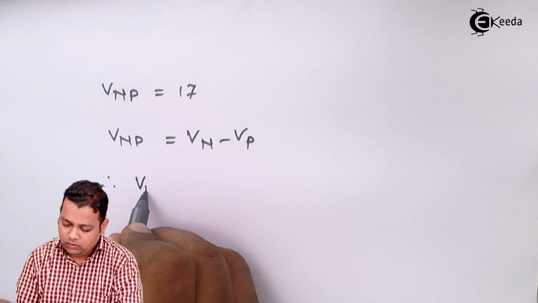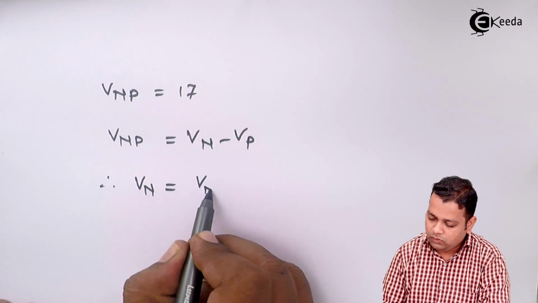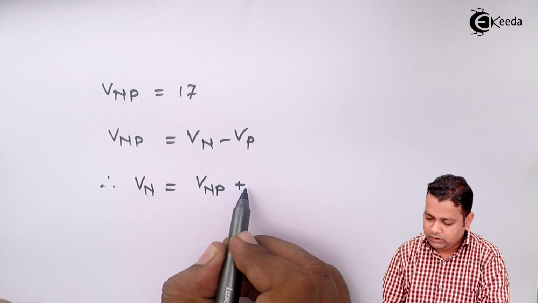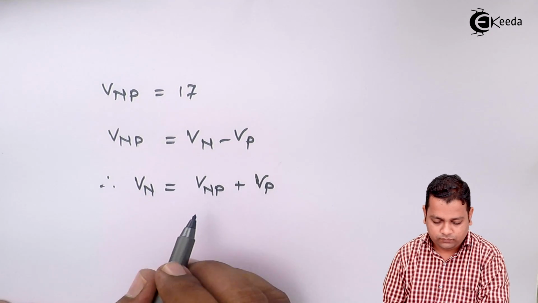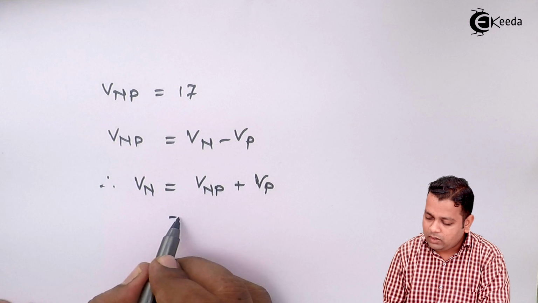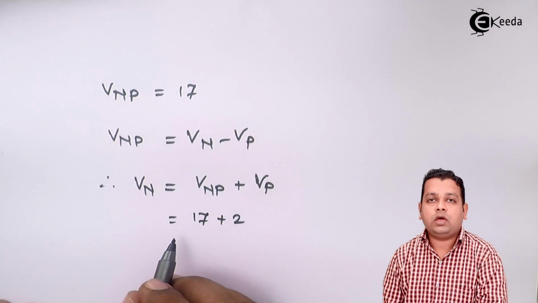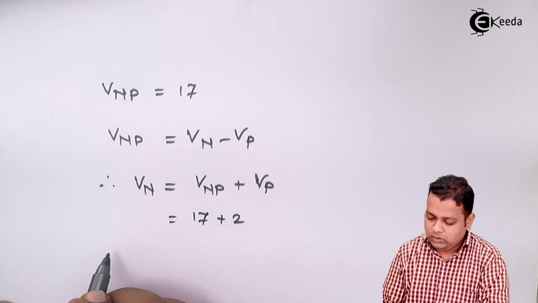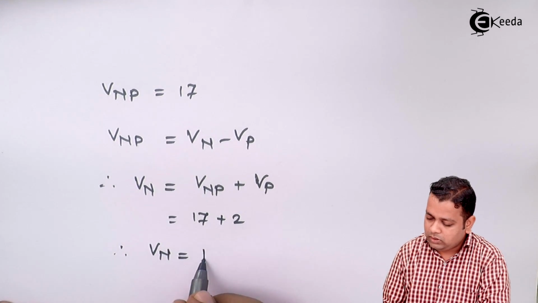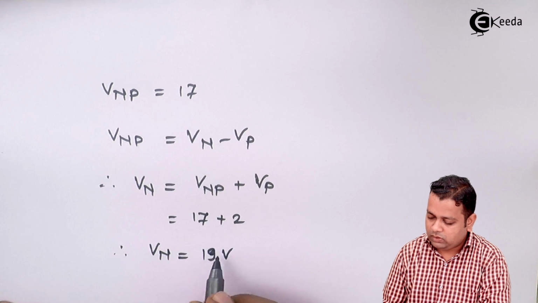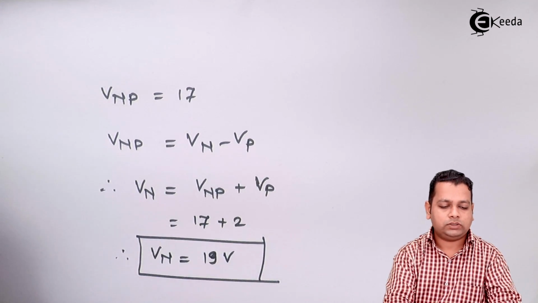Therefore we write Vn is equal to VNP plus Vp, and VNP we have obtained 17 plus Vp we are already given the value 2. Therefore Vn is equal to 17 plus 2, that is 19 volts. So this is the answer for part C.